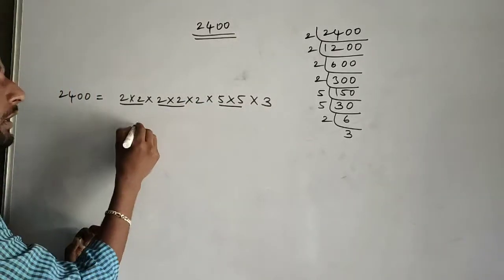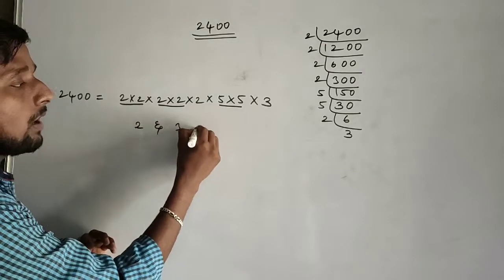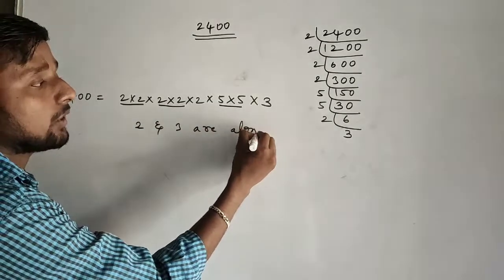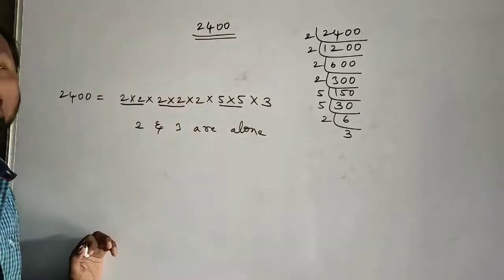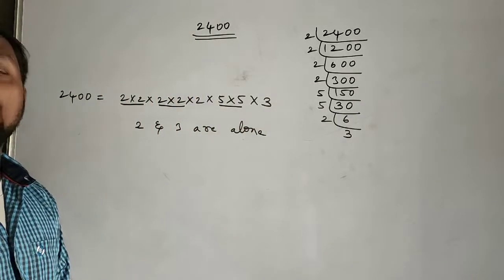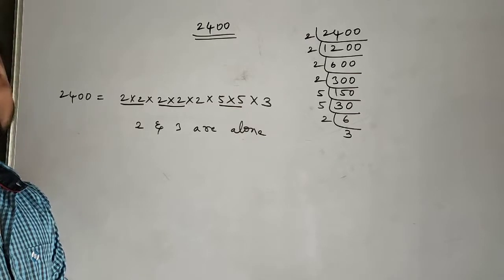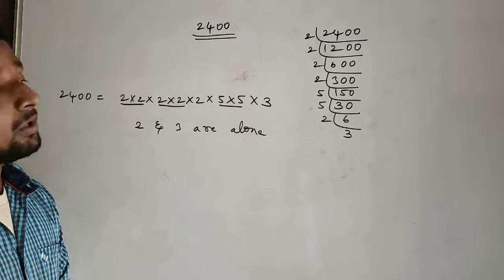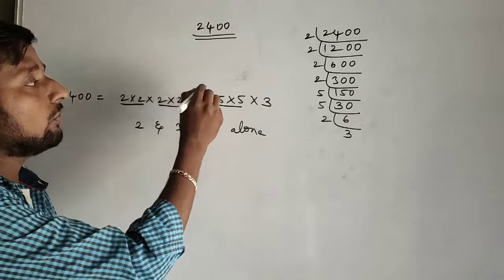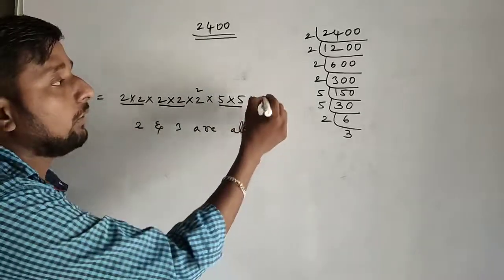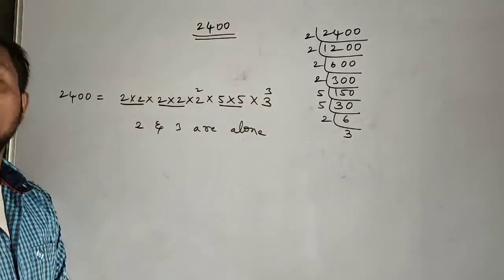Because of this reason 2400 is not a perfect square. But if you want to make it a perfect square, what should we do? We should give one more 2 to make it a pair, and one more 3 to make another pair.